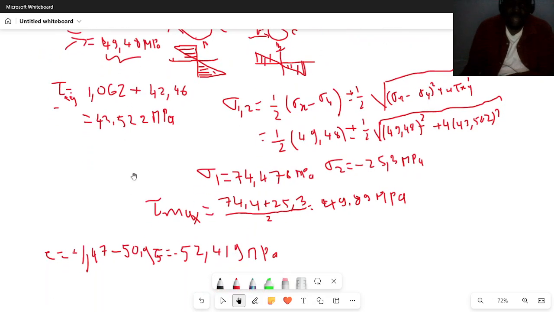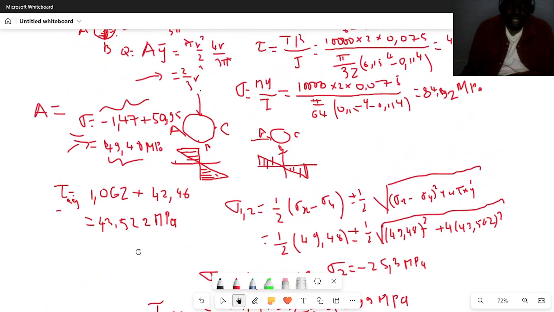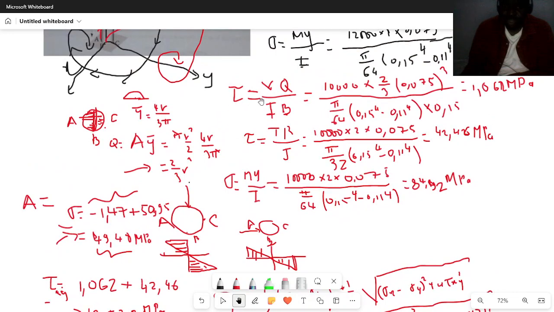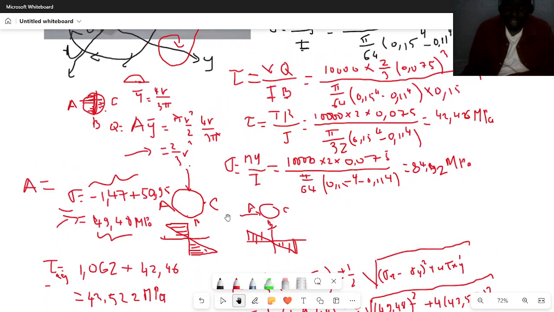Now under the whole xy, what's going to happen? Under the whole xy, we have this shear stress here. This shear stress will be negative, but the shear stress due to the torque here will be the way it is, because it's acting straight to it as it is rotating.